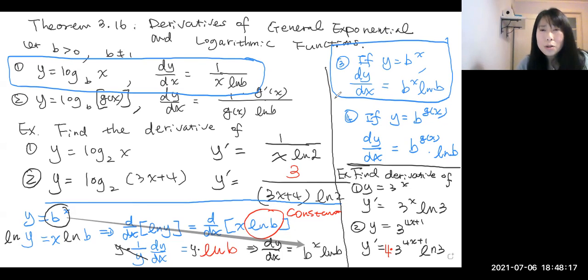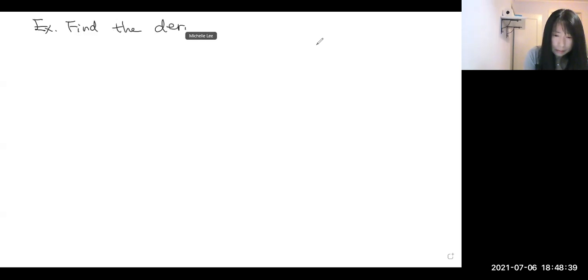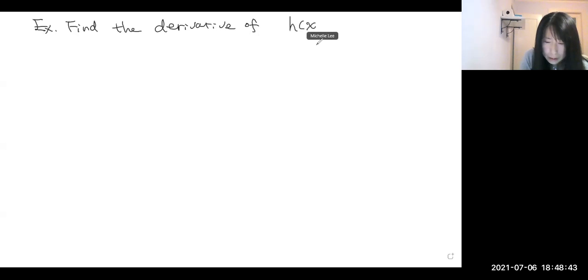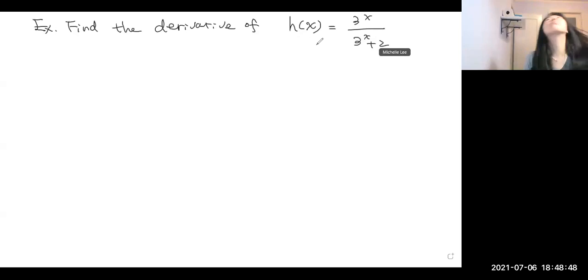Okay, so let us do an actual example. Let me erase this one. Okay, how about this? Find the derivative of h of x equal to 3 to the x power over 3x plus 2.